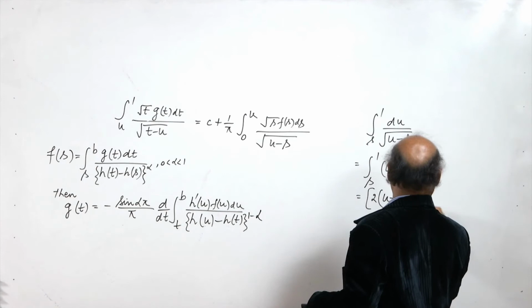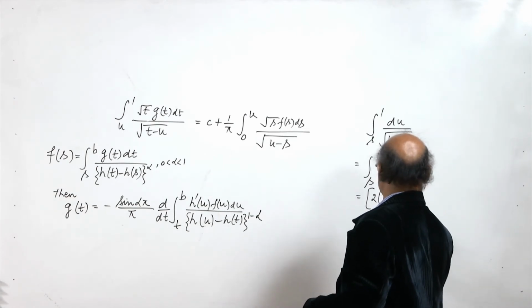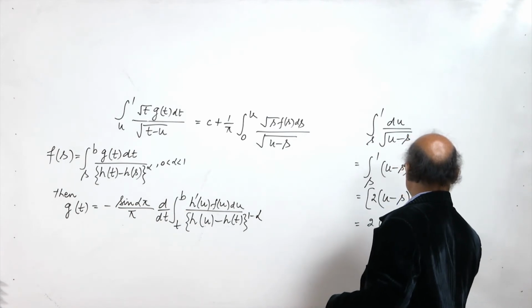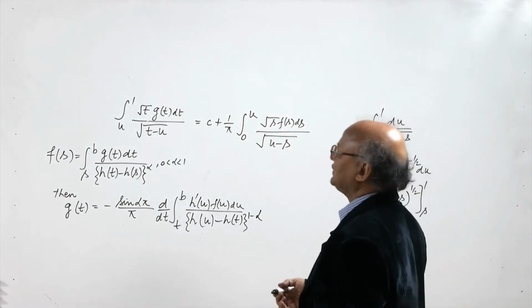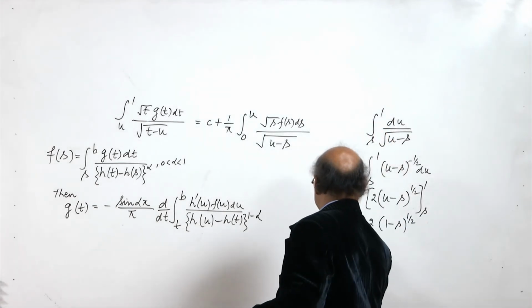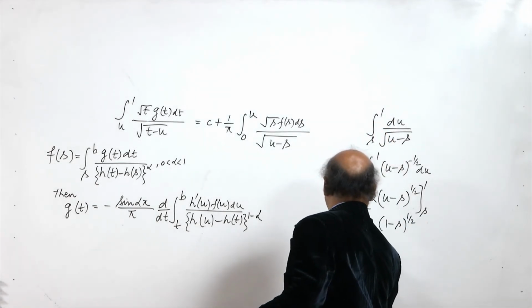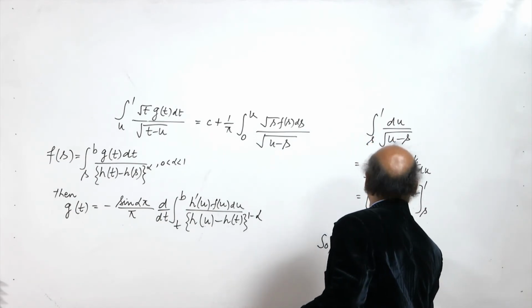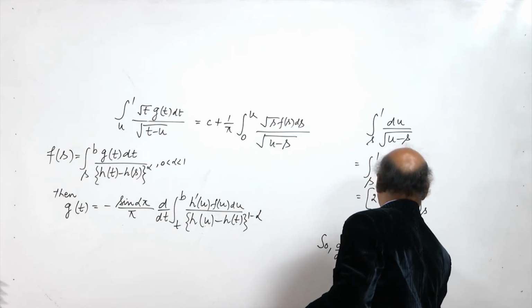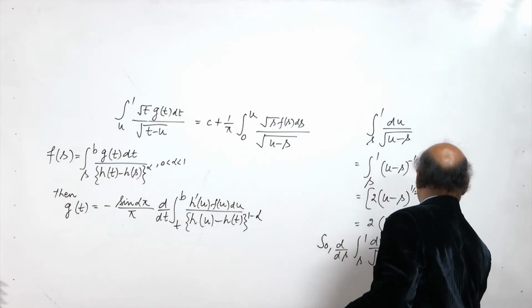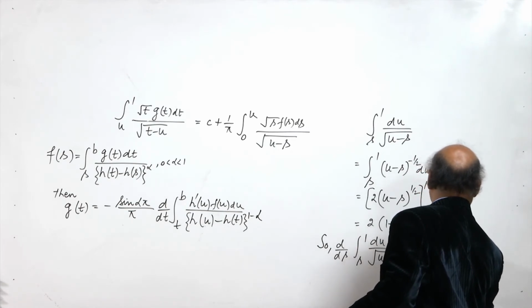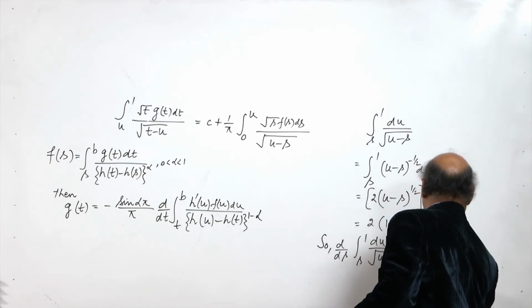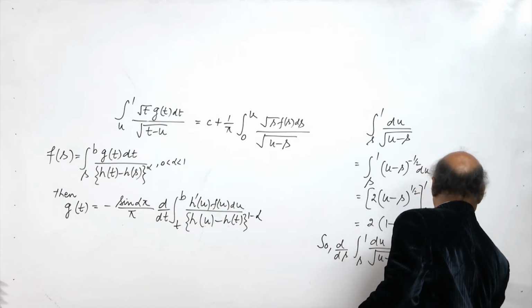Putting in limits, we get 2 times 1 minus s to the power half. Now we differentiate with respect to s: d over ds of integral s to 1 du upon square root u minus s is 2 times d over ds of 1 minus s to the power half, which gives 2 times 1 over 2 times 1 minus s to the power minus half.